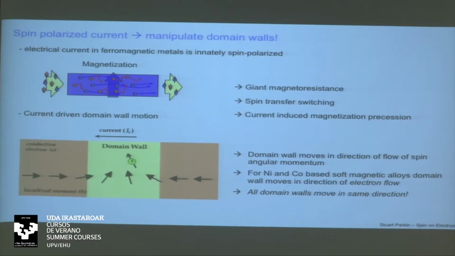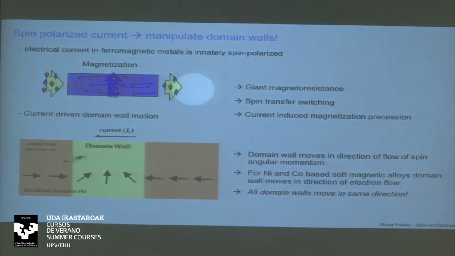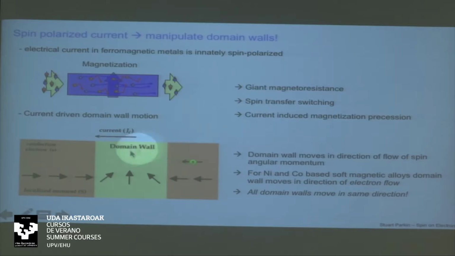But more importantly, it leads to the possibility that in a simple continuous magnetic nanowire, we can introduce a current, and the current will be locally spin polarized through spin-dependent scattering. And then this spin polarized current can deliver angular momentum to the domain wall. And so we can adiabatically transfer the angular momentum of these conduction electrons, which are spin polarized, into this wall.